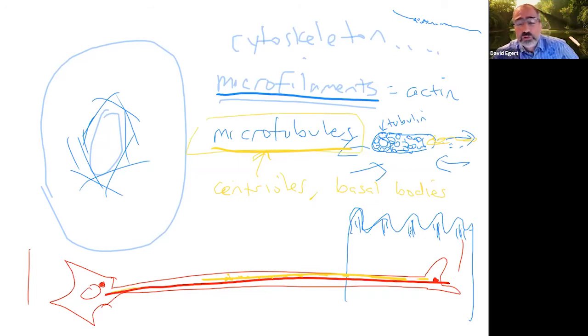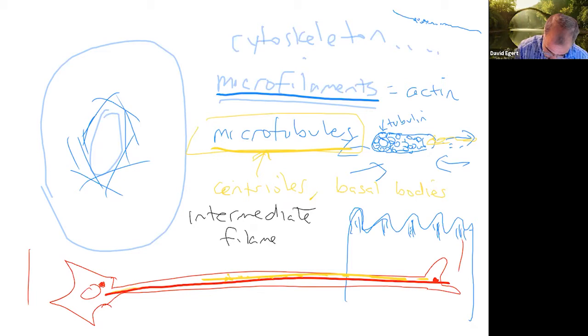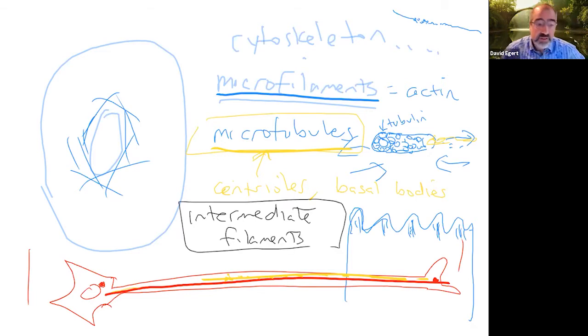And then there's a whole slew of other things. There's a catch-all term we call intermediate filaments. This is a catch-all. An example is keratin. This is the fiber in your skin cells that makes your skin tough.